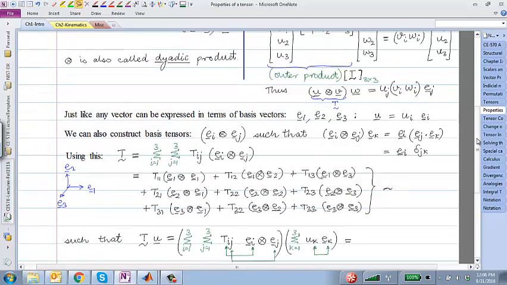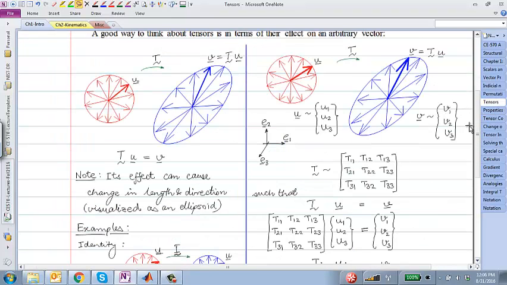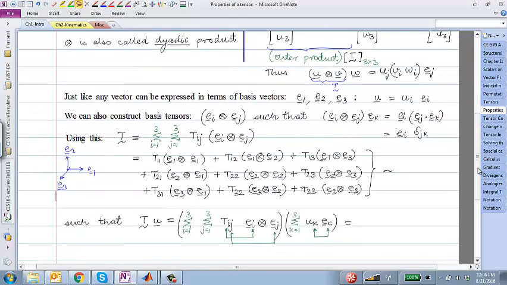So in the same way, if I have a tensor which is represented by these 9 components, each one of those components will be along a particular tensor basis. So the way we represent that is using this expression. We write the tensor components as T11 E1 dyad E1, and the way we represent that is with a matrix.